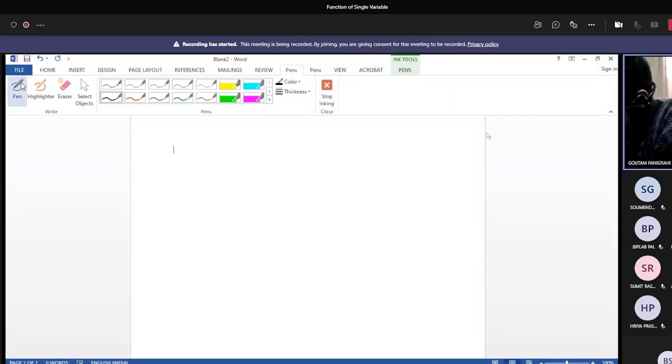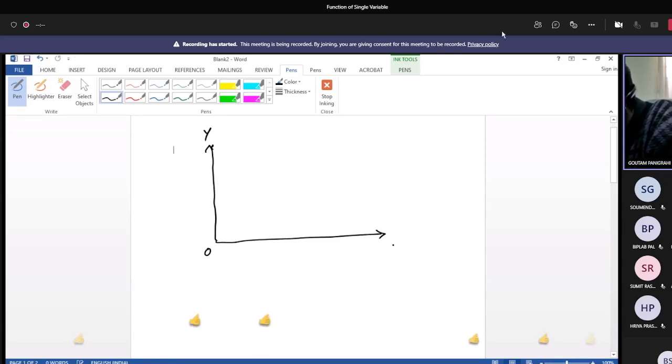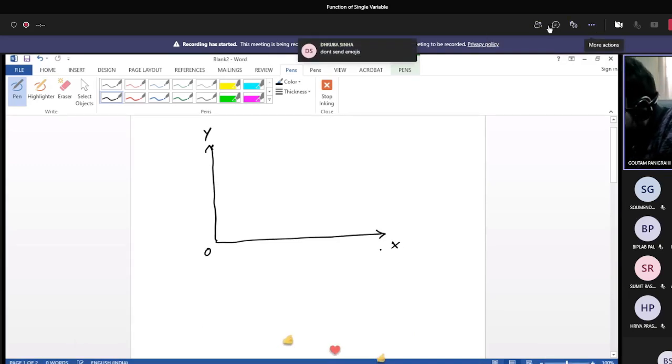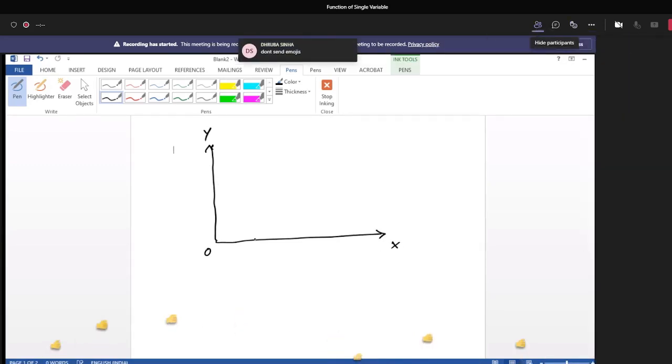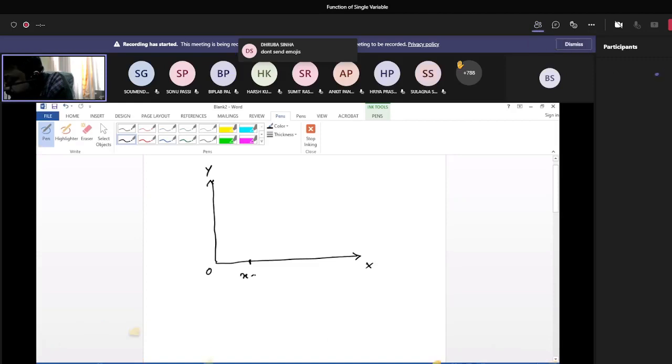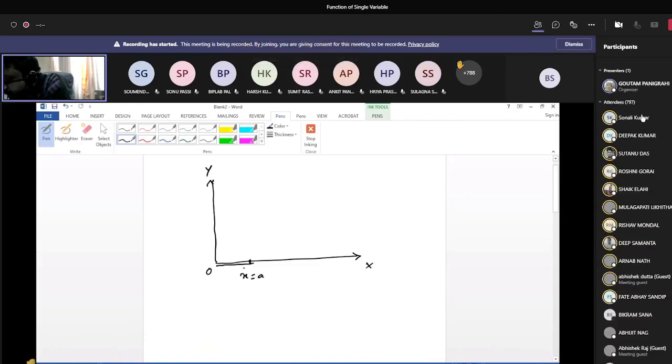Here, suppose this is the y-axis and this is the x-axis. Now you have taken x equals a, so this length is a.